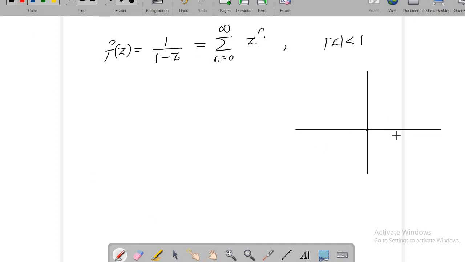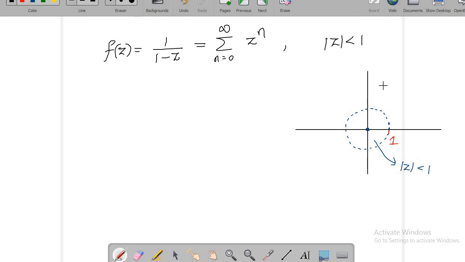The singularity of this function is here, which is z equal to 1. Now this is an expansion centered at 0. So let me draw a neighborhood centered at 0, which does not include any singular point. This is the maximum possible neighborhood, and we denote it as mod z strictly less than 1.